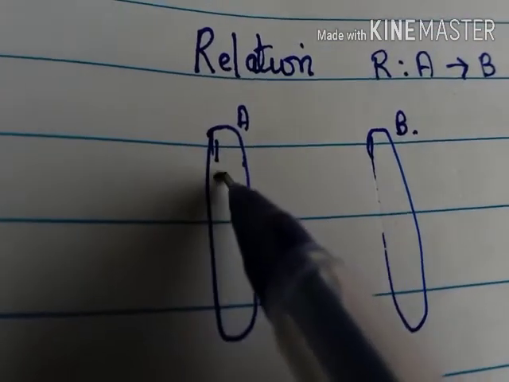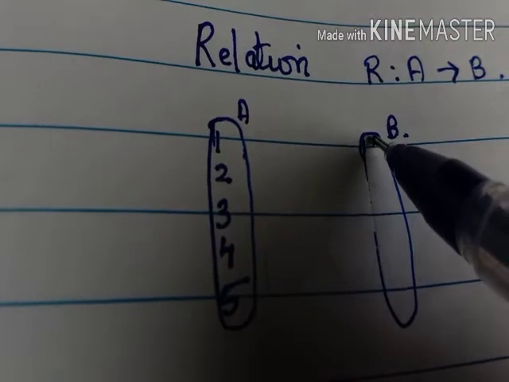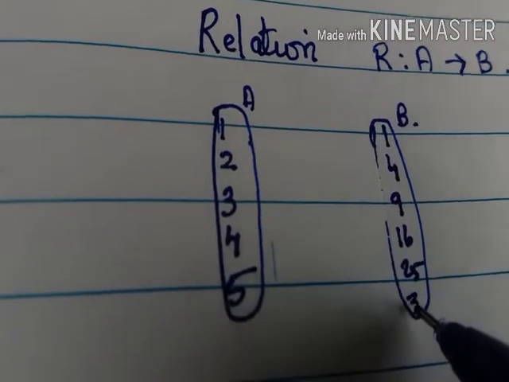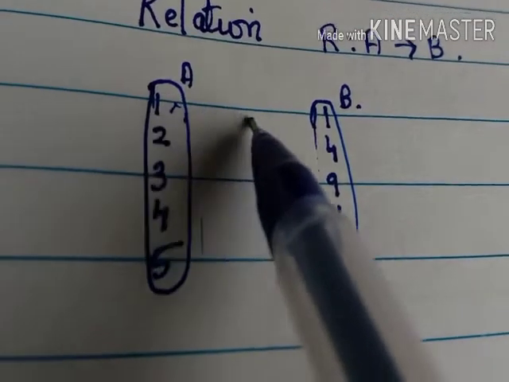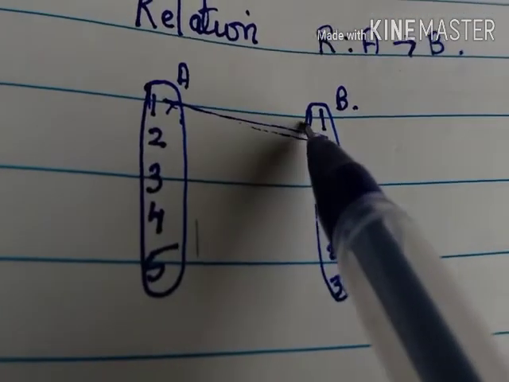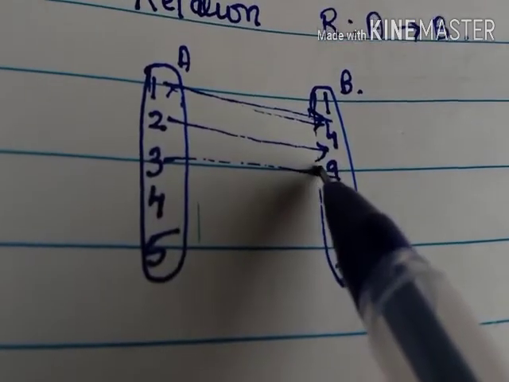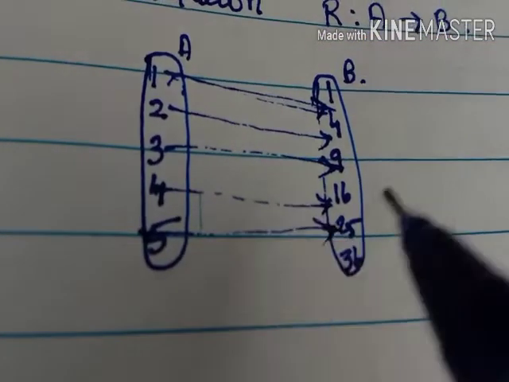This is set A and this is set B. Set A carries 1, 2, 3, 4, 5 and set B carries 1, 4, 9, 16, 25, 36. Now there is a relation: 1 to 1, 2 to 4, 3 to 9, 4 to 16 and 5 to 25.